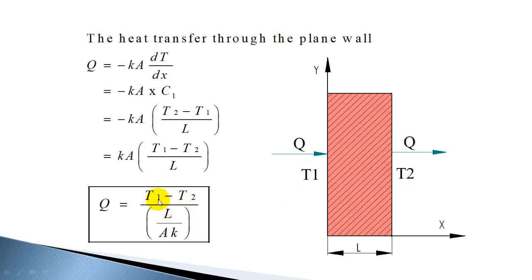Temperature difference T1 minus T2 divided by thickness of the slab divided by AK, area of cross section, area normal to the direction of heat flow, into thermal conductivity of the material. So L by AK. So if you divide the temperature difference with the L by AK, you will get the rate of heat transfer. This is heat transfer per unit time.